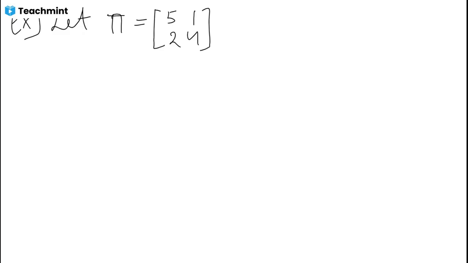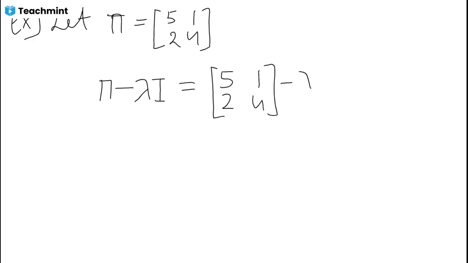So to find eigenvalues, we need to form the characteristic equation. Before that, we need to form this matrix: A minus lambda into I, where I is the identity matrix.